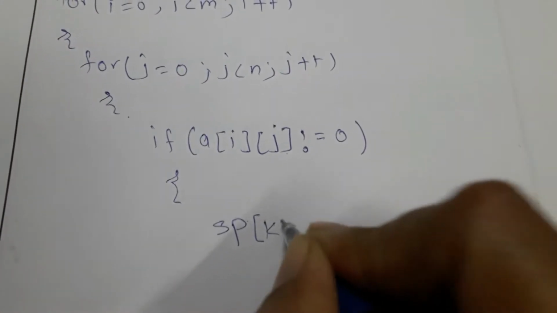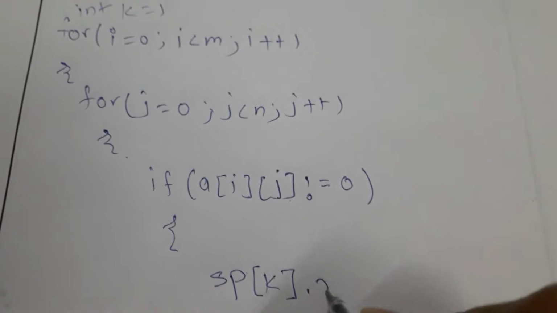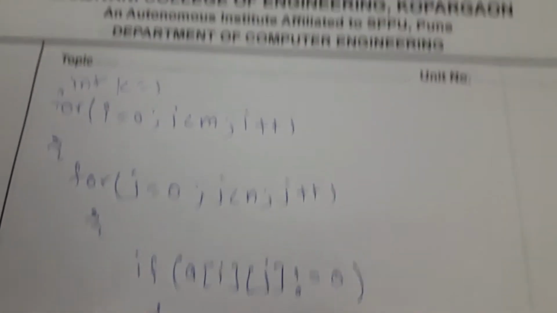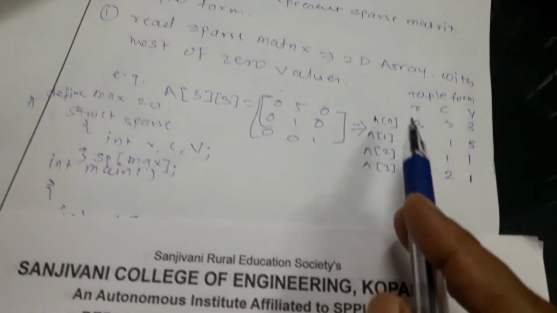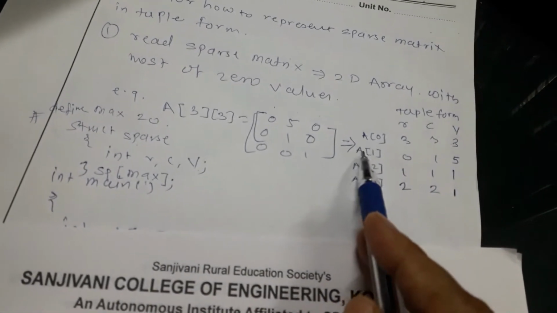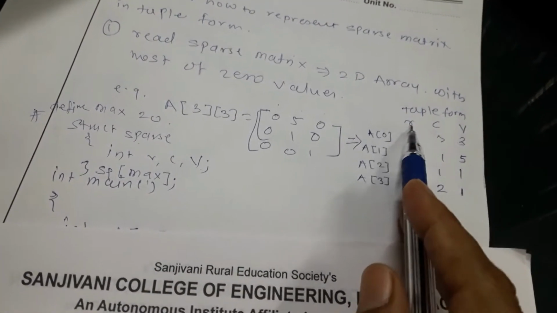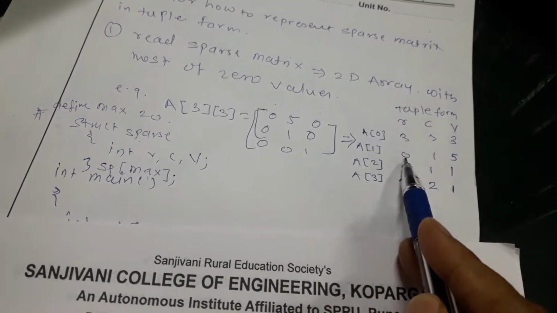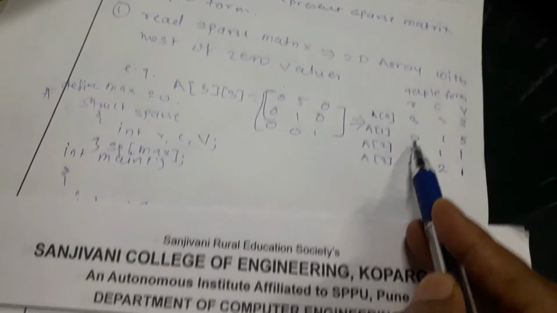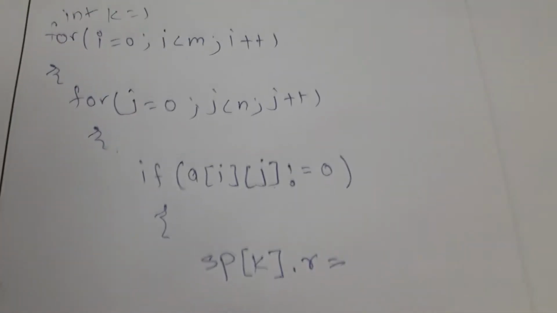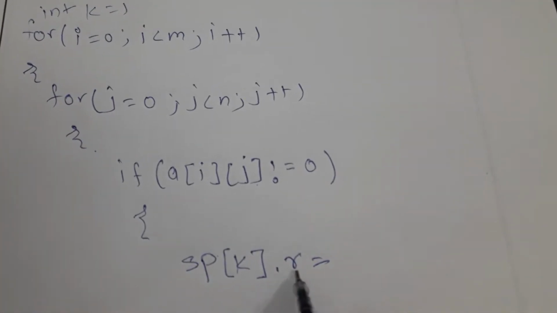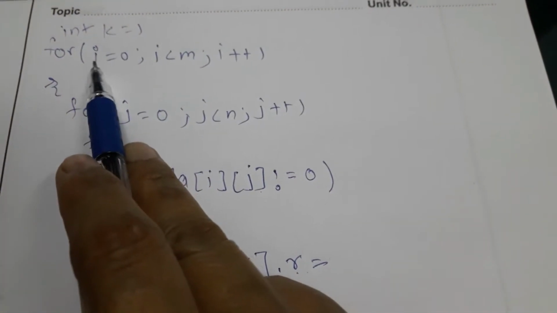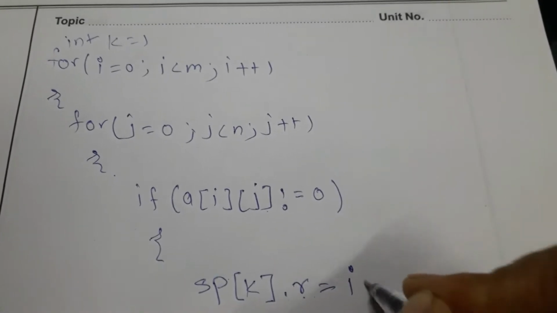So SP of k dot r is equal to, means SP of 1, for row, what are we inserting? The row value. How will we get the row value? SP of k dot r is equal to the row value, which we take from i.